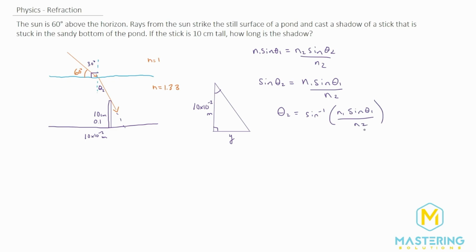All right, so now let's plug all our numbers into this. So theta 2 is going to be equal to N1, which is 1, times sine of the angle theta 1, and that is 30 degrees like we talked about. Now that's going to be over N2, which in this case is water, so 1.33.